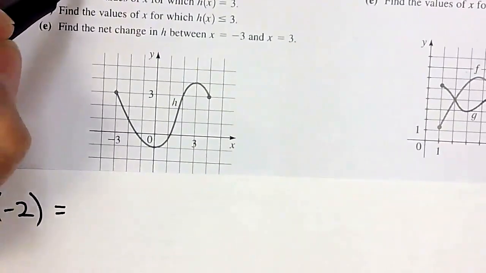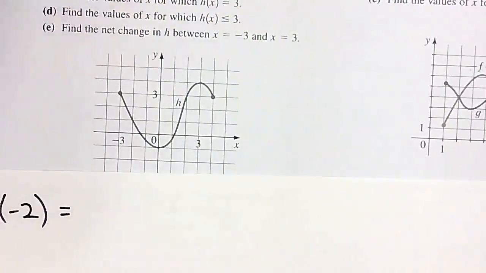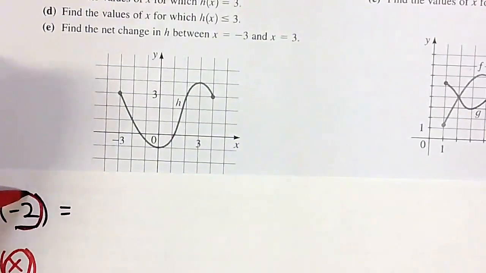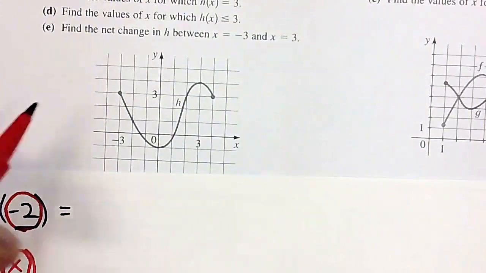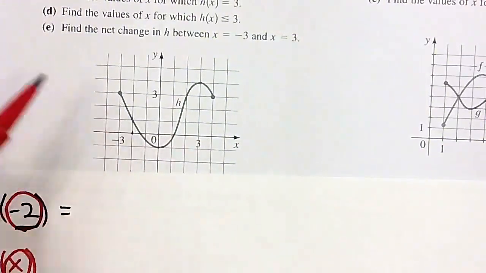So if we have to find h of -2, and this is my graph here, what does the -2 represent? My x coordinate, right? Because it's h of x, right?